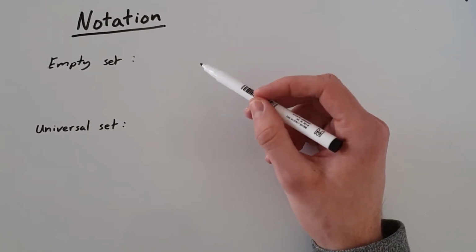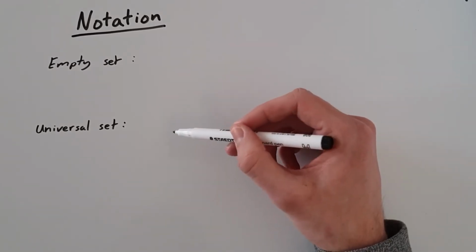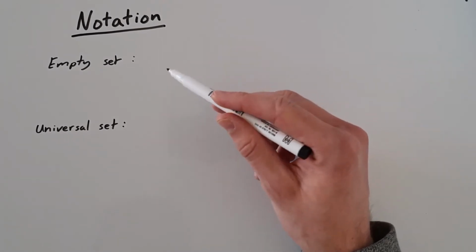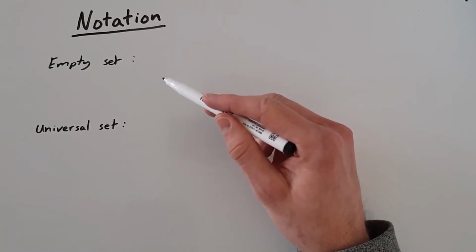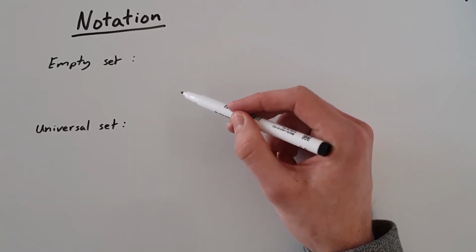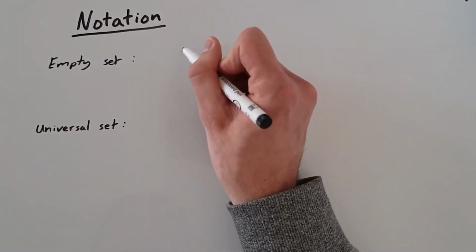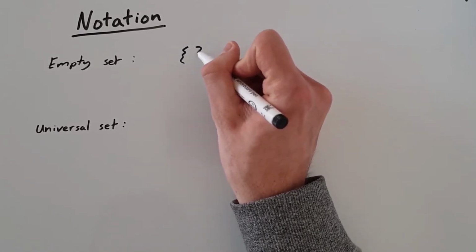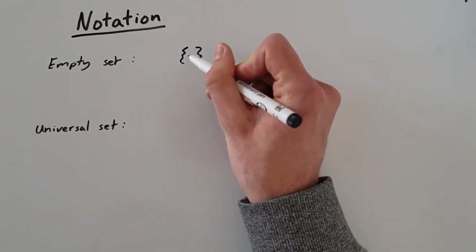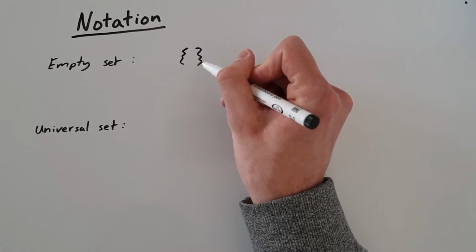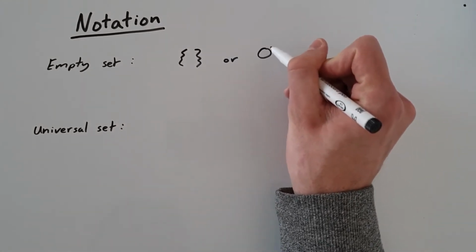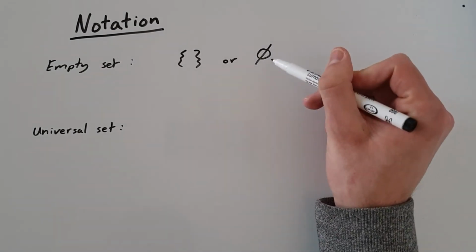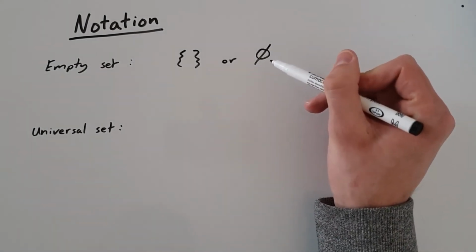Here I have some really important sets that have their own notation, so let's go over those as well. The first one is what we call the empty set. This is a set with nothing in it, and the way we denote that is with curly brackets again, but this time there's nothing inside them, just two curly brackets together. Or we can also use the symbol of a circle with a line through it to show that it's an empty set.